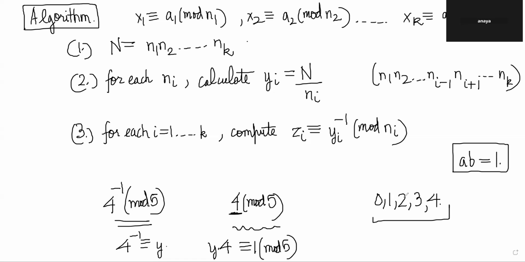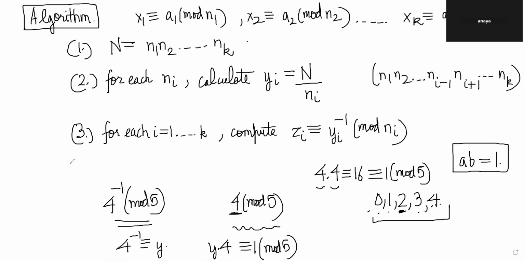Think about it. 4 is its own inverse, because 4 times 4 is 16, which is congruent to 1 mod 5. 4 times 2 is not working, 8 is 3 mod 5. 4 times 3 is also not working. 4 times 1 is also not working. 4 times 0 is also not working. But 4 is working with itself.